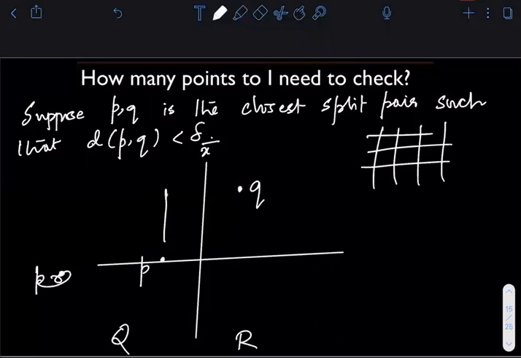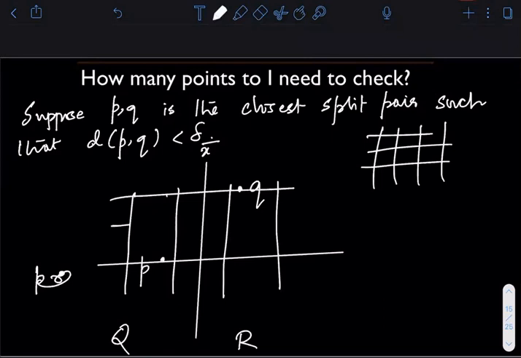So I'm just drawing a grid like this. Each side of this grid is of size delta over 2. Imagine this is a square grid. I'm drawing it in a very weird way, but this is a square grid. Again, I'm just doing a thought experiment here. I'm putting a grid on top of this picture.